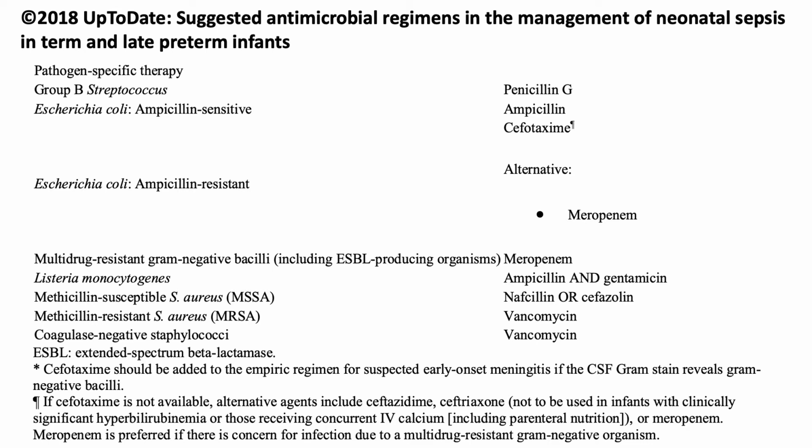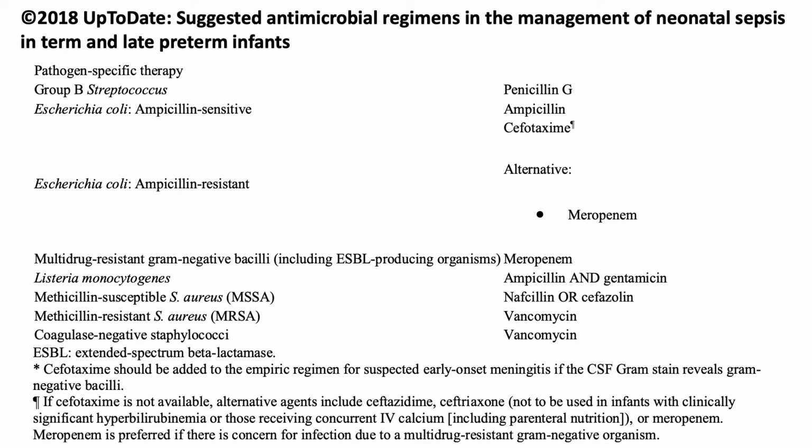For example, group B streptococci is usually sensitive to penicillin G. E. coli, if ampicillin sensitive, we give ampicillin and cefotaxime. While if E. coli is resistant to ampicillin, then we give meropenem. For multi-drug resistant gram-negative bacilli, we give meropenem.